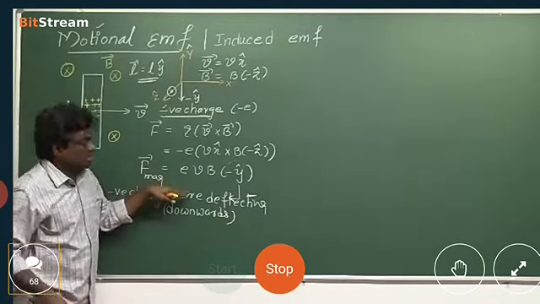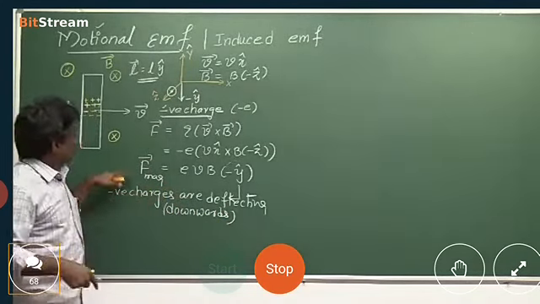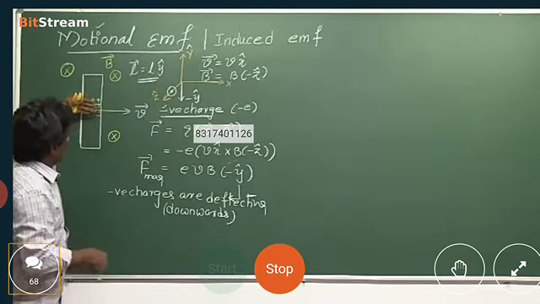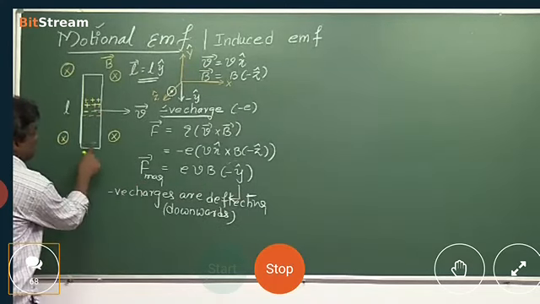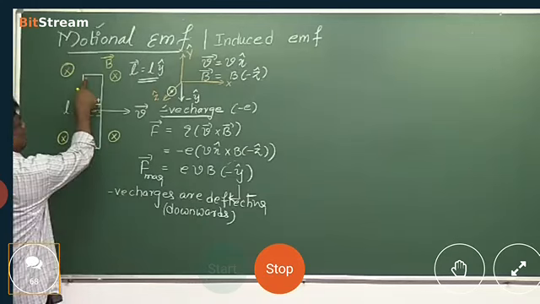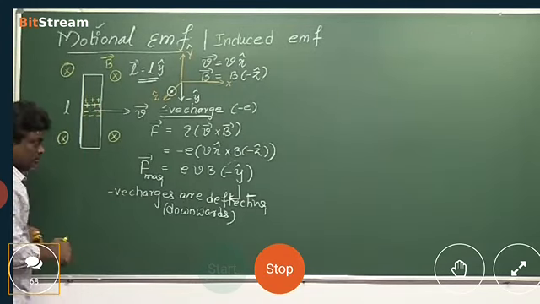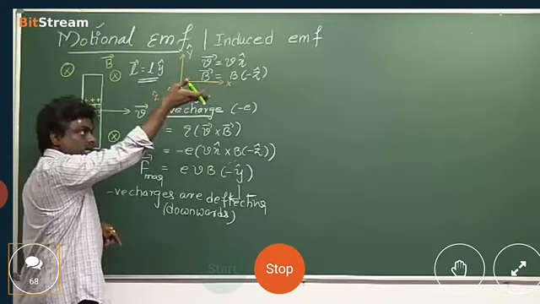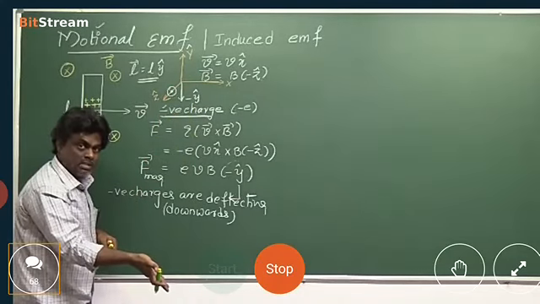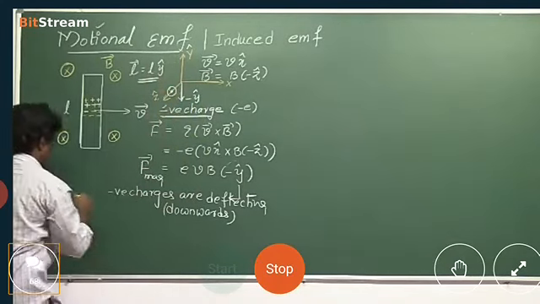So once this process starts, that means the magnetic force, if you identify, then all the negative charged particles are accumulating here and all the positive charges are accumulating here. The negative charged particles are deflecting downwards, positive charged particles are moving upward.